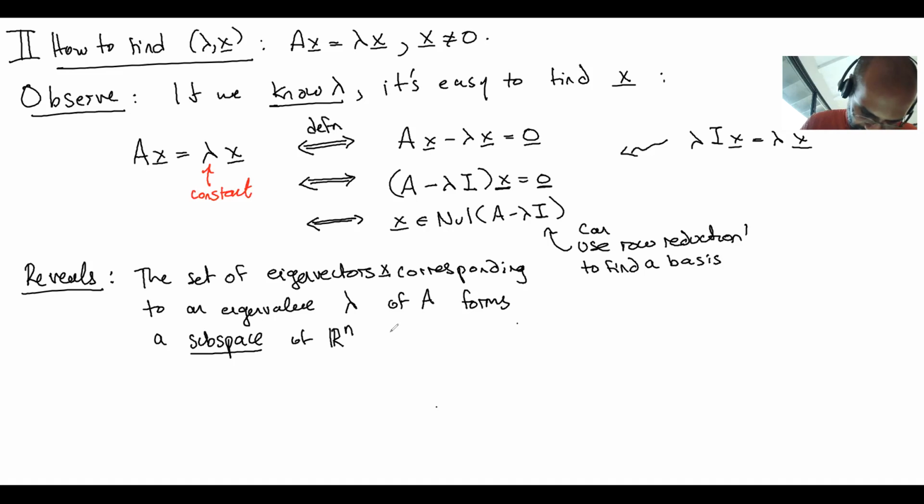But there's one little edit with the zero vector. So after including the zero vector, that's why I use the word forms, because 0 is never itself an eigenvector, right?